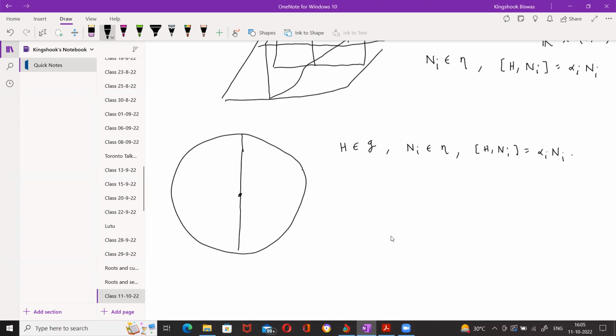Now I have my Cartan involution around this point, right? So this is an isometry. I have my geodesic involution, right? So this is an element of the isometry group, capital G.